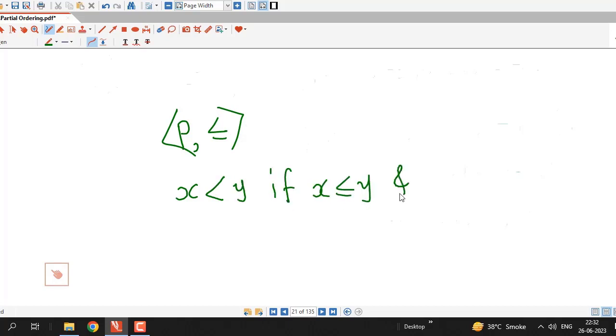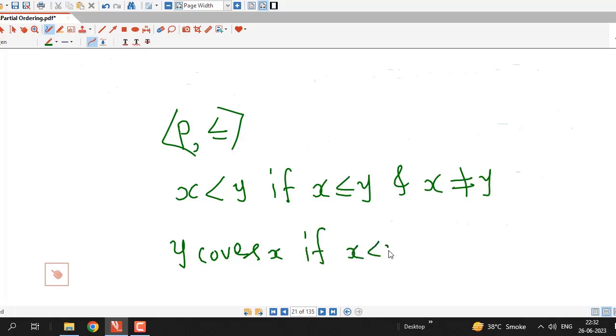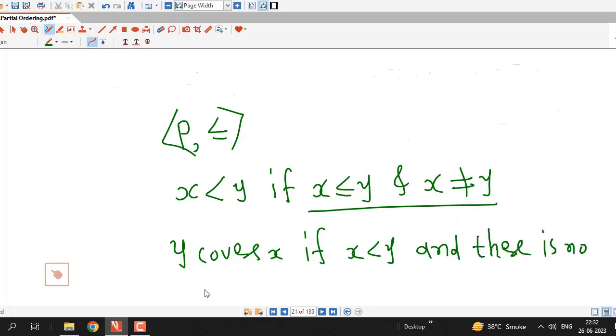So I repeat again that if I have a partially ordered set with, say, partial order less than or equal to, then x less than y if x is related to y and x is not equal to y, and y covers x if x is less than y, that is, this condition is satisfied and there is no z in a given set P such that x is related to z and z is related to y.